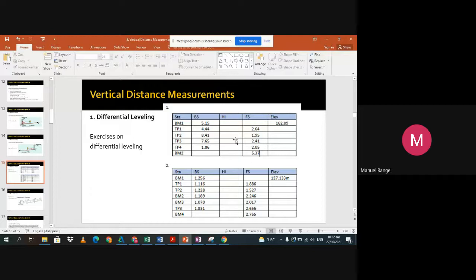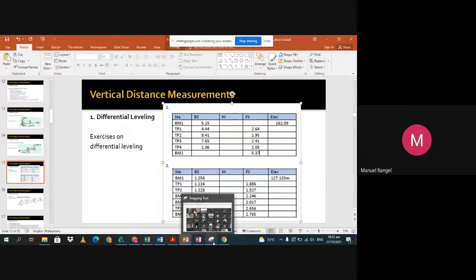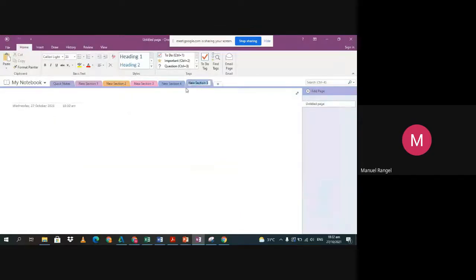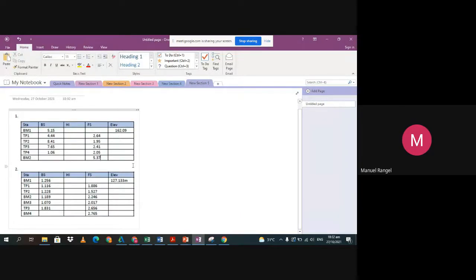So we have the following data, no? We have problem number 1. Okay, the ending one. So given ang elevation sa benchmark 1, so it is a known, given ang iyang data.